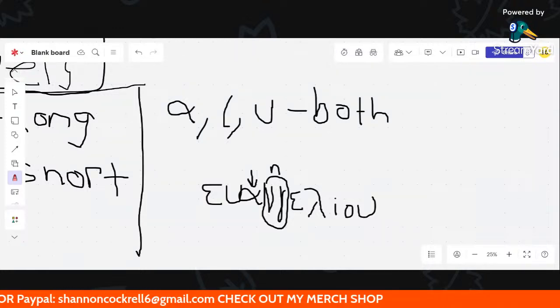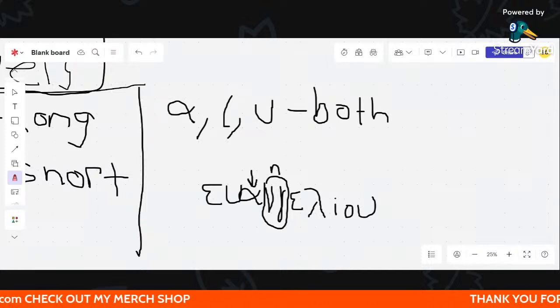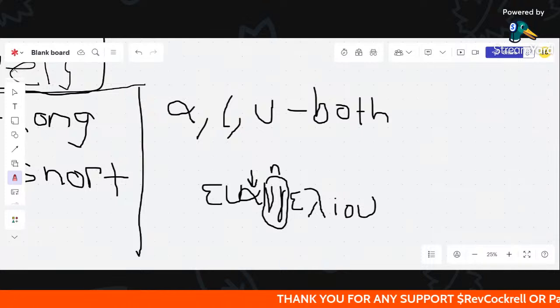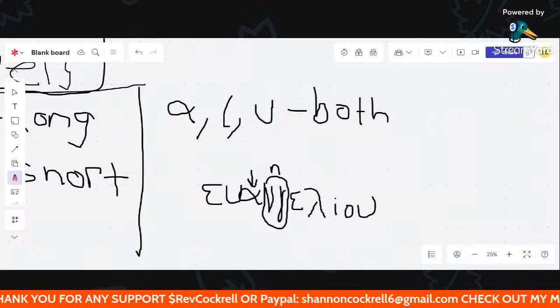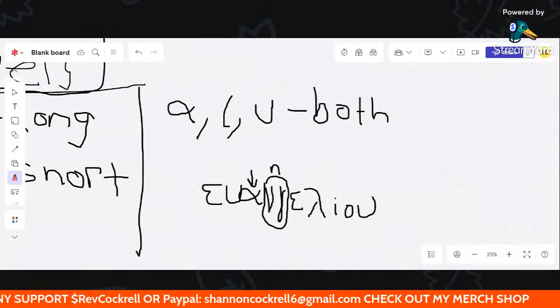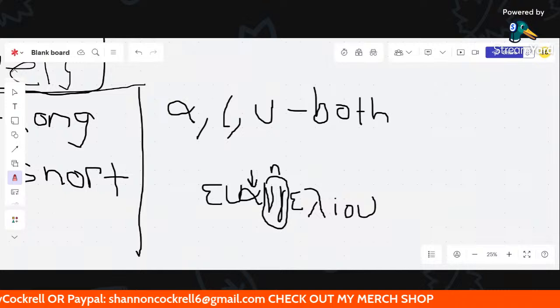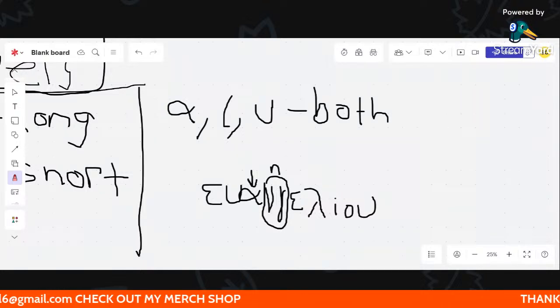Now, let's go over the diphthongs. And again, you can read the book. He goes into depth a little bit more.